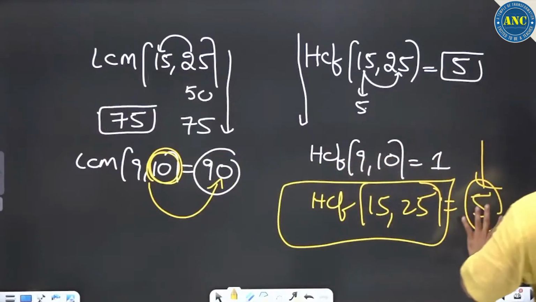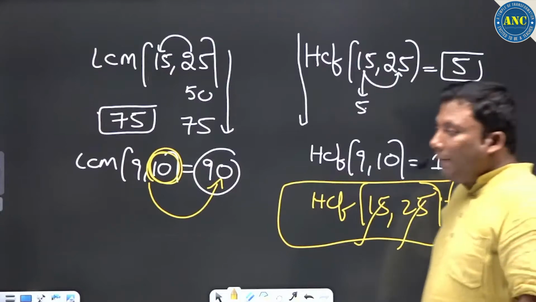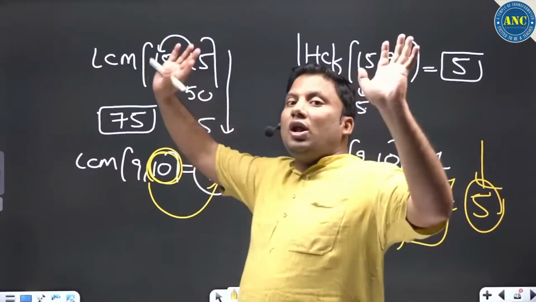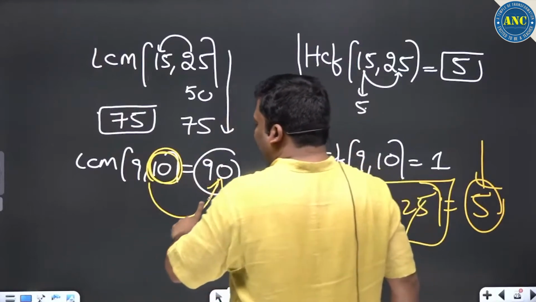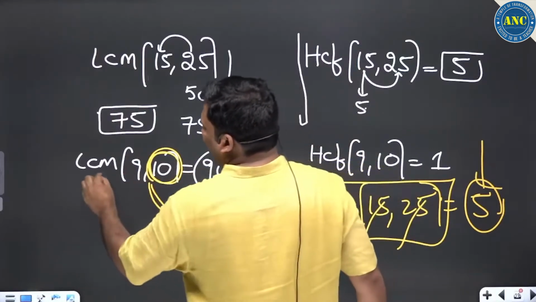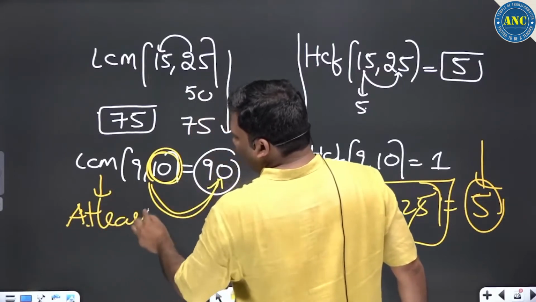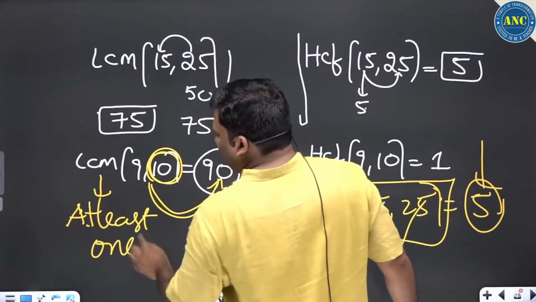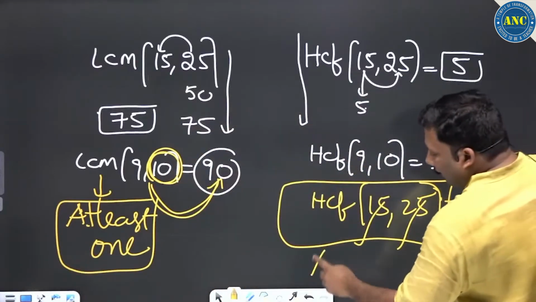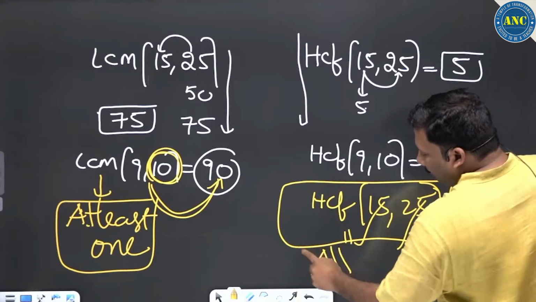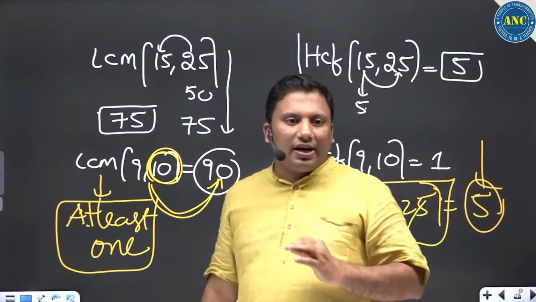But in LCM, not all the numbers are required; if one number is divisible by 5, the answer will be divisible by 5. Here it is at least one. Here it is all. I hope this concept is clear.